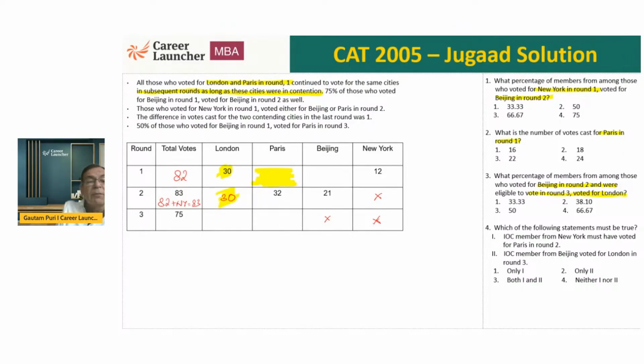Now, if there were X people who voted for Paris in round 1, those X would have voted for Paris in round 2 also. Some of the voters from Beijing or New York may have come here, but these X have definitely remained. That is the first thing we need to remember. Anyone who is voting for London or Paris in a round continues to vote for them in the subsequent rounds as well.